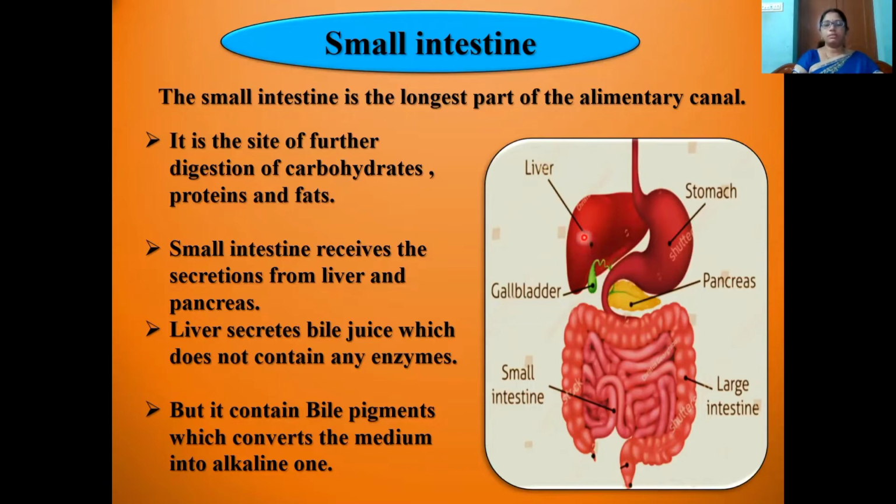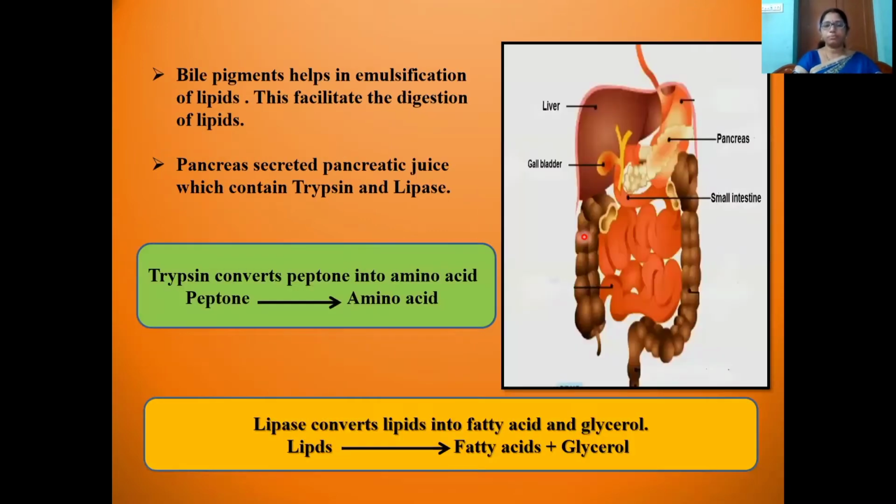The liver secretes bile juice, which does not contain any enzymes, but it contains bile pigments, which convert the medium into an alkaline one. Bile pigments help in the emulsification of lipids.